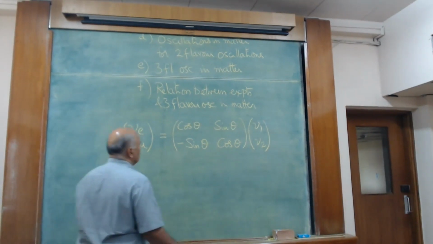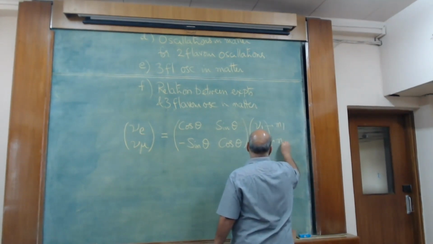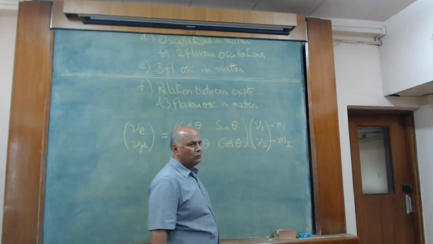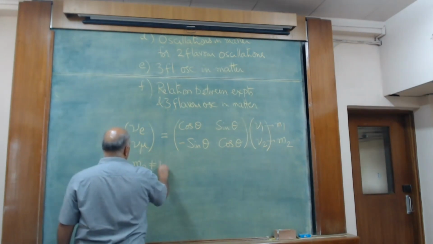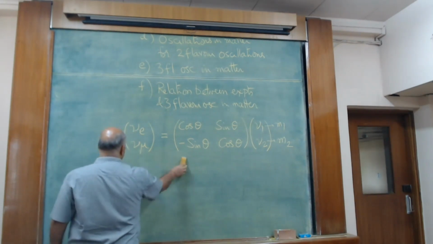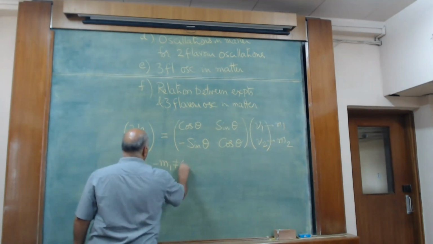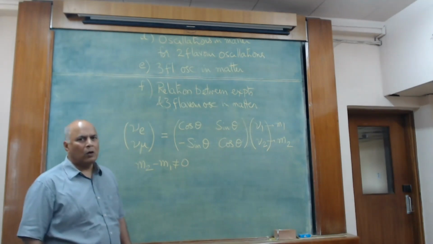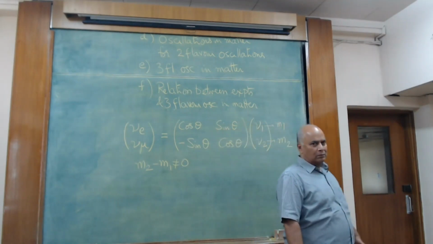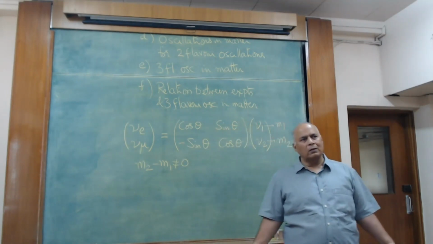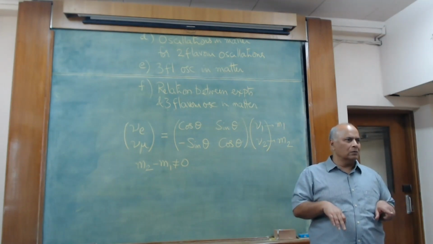And this nu1 has mass m1 and this nu2 has mass m2, and the two masses are not the same. What if the two masses are the same? Then any linear combination would also have the same mass.